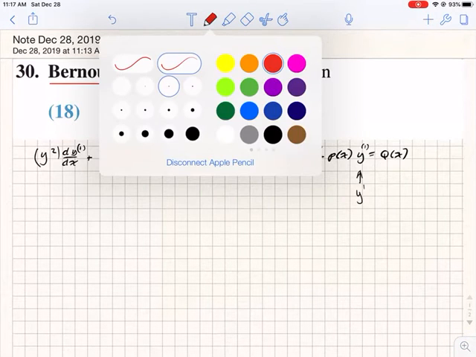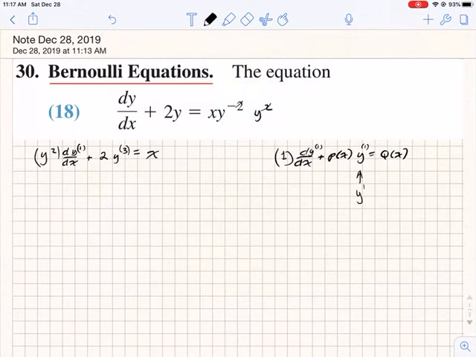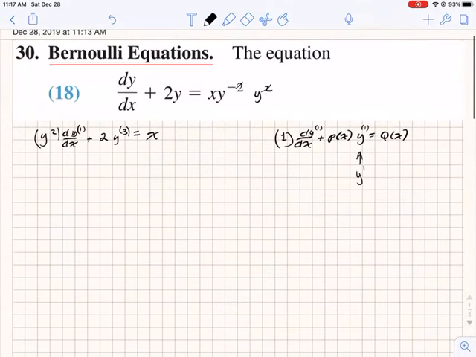What the Bernoulli equation is basically like a U substitution. So let me erase this to get it a little bit cleaner. This is to the third power. What we're going to do is let some variable, let's call that v, equal y cubed.